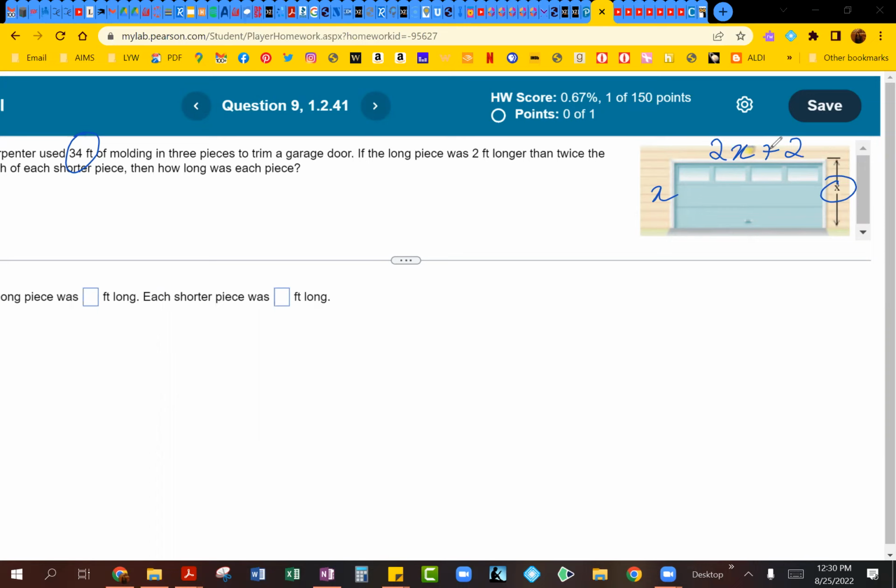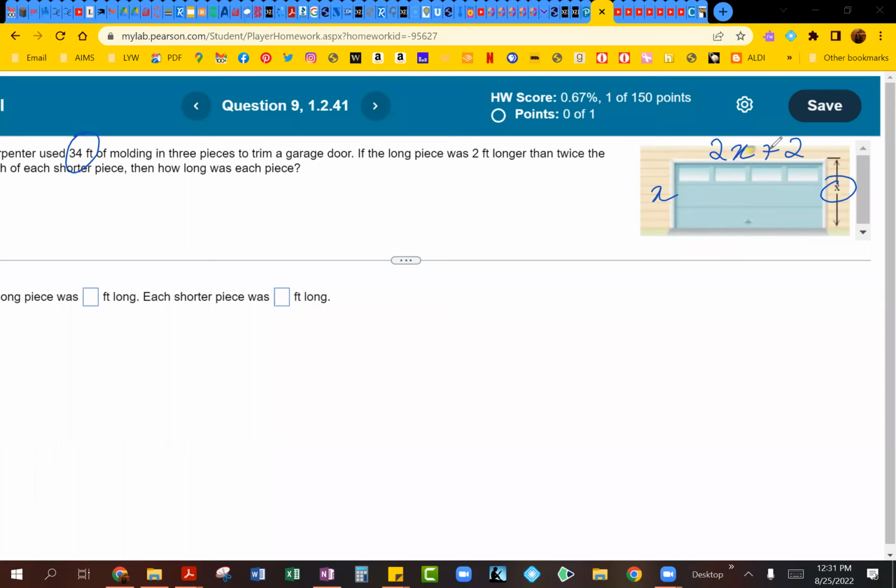If you're laying a carpet or, if you were laying grass, that would be covering the area. That's area. So if you're painting a wall, that's area. If you're going to put a trim like we're doing here in this example, that's a perimeter. So you add all 4 sides. But in this case, obviously we're not putting the trim on the bottom part of the garage door. So that's why you're only doing 3 sides instead of 4.